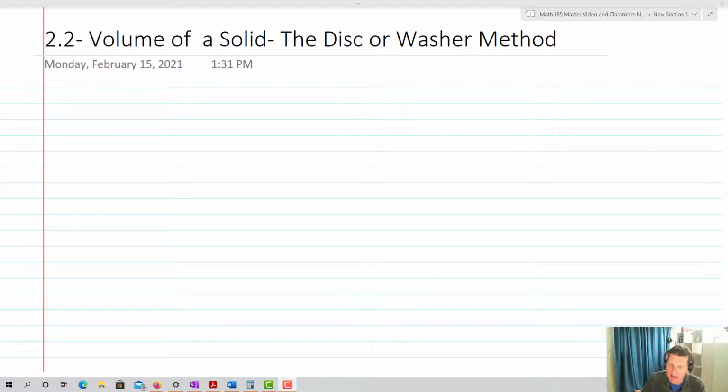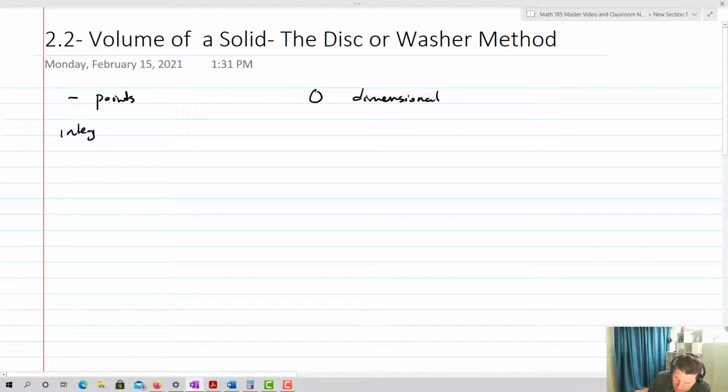If you look at that, you can think, okay, well, points are zero-dimensional. And when I integrate them, the integration of points ends up giving me an arc length, and that is one-dimensional.